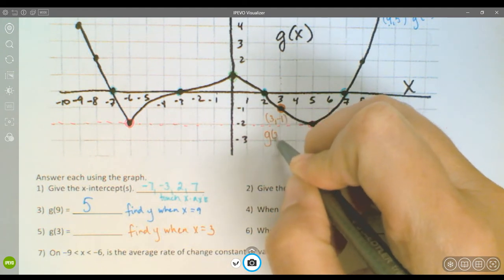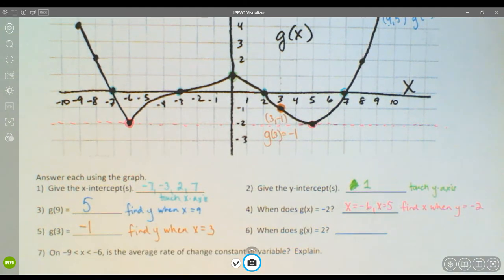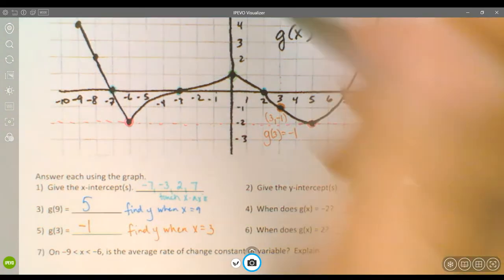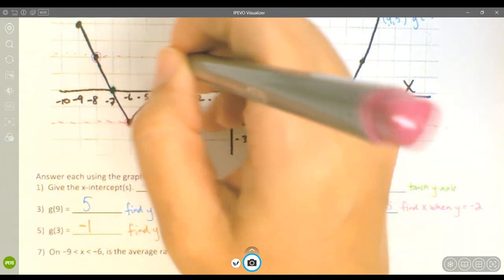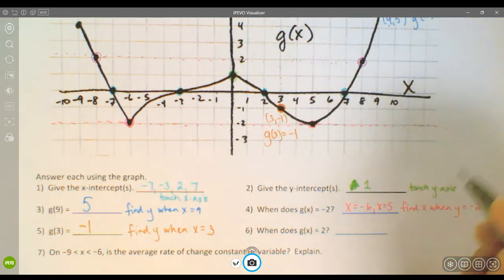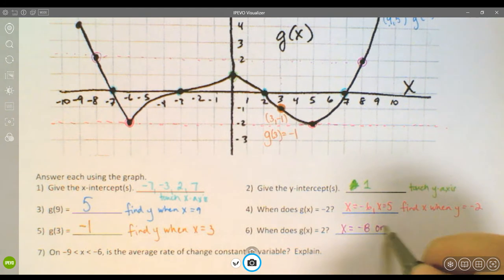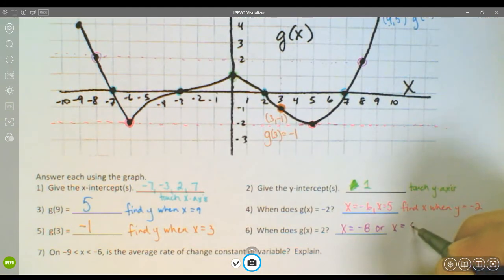In other words, g of 3 equals -1. And then when does g of x equal 2? So again, I look, there's one right there. Everything here is where y equals 2. There's one right there. So that happens when x equals -8 or x equals 8.